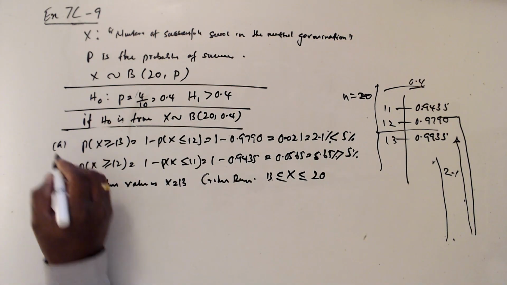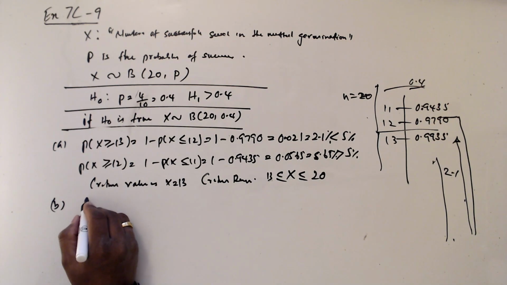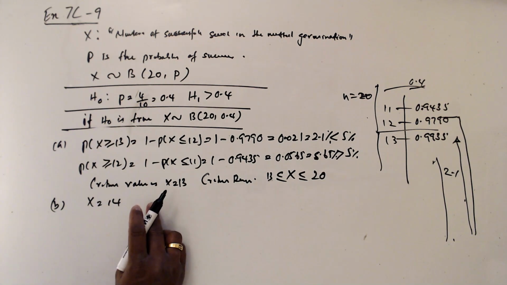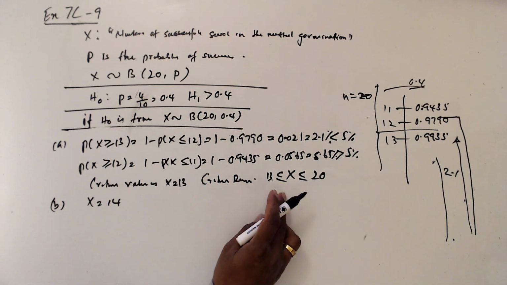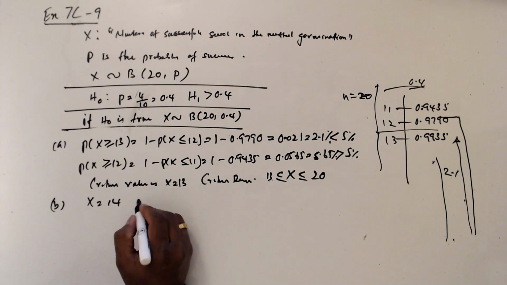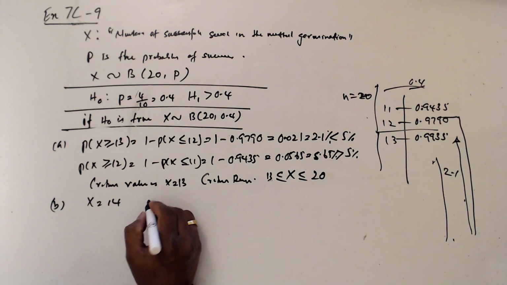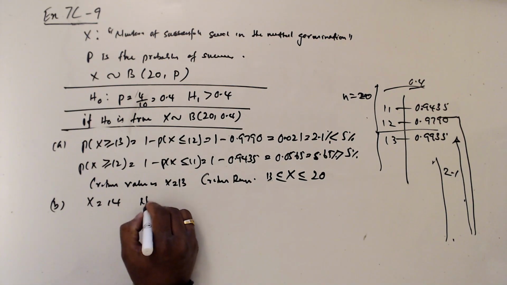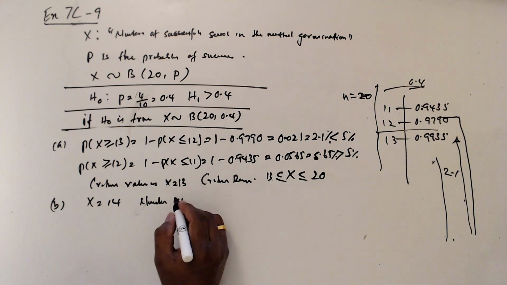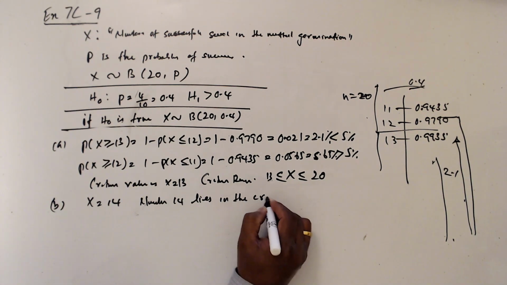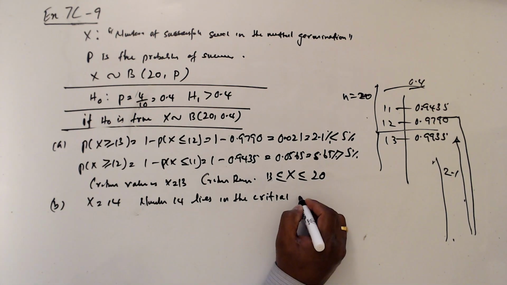This is part A. In part B, they have given observation X equal 14. Now it's clear that X equal 14 is in the critical region. Then we have to reject the null hypothesis. So X equal 14 lies in the critical region.